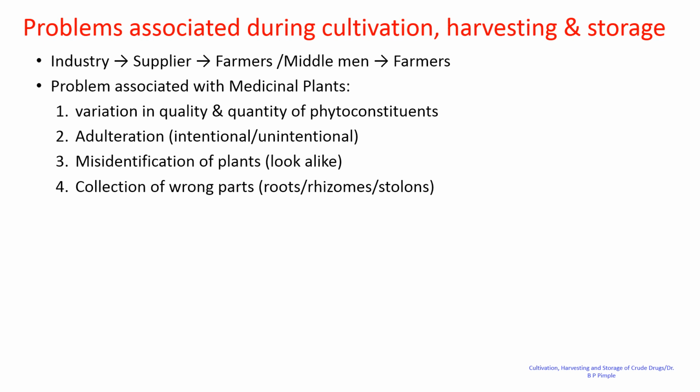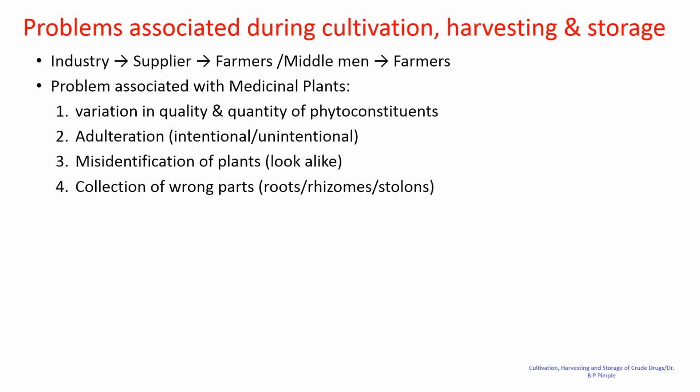Usually, the industry gives a contract to a person, and that person in turn gives the contract to somebody else. So he just lists the name of the plant. Many a time the name is correct, but the part of the plant is missing in the list, and for that reason, the entire plant is collected.